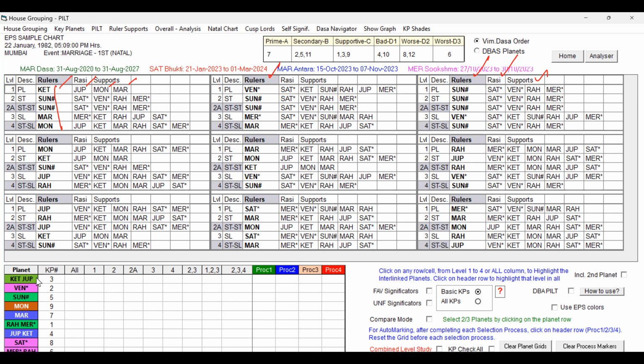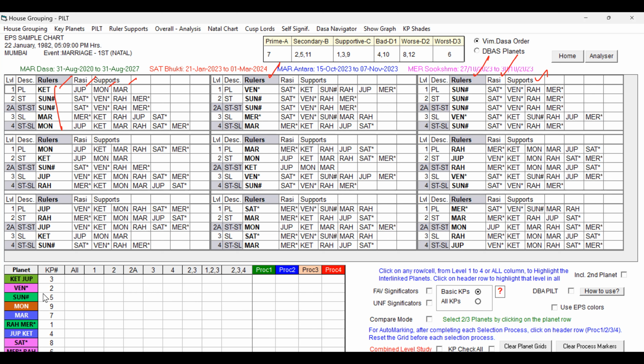Each planet, according to their house grouping, favorable and unfavorable house grouping score, will be getting some favorable and unfavorable score. Based on the difference, they will be sorted into ranks from 1 to 9. So this is only indicating the overall self-signification strength.